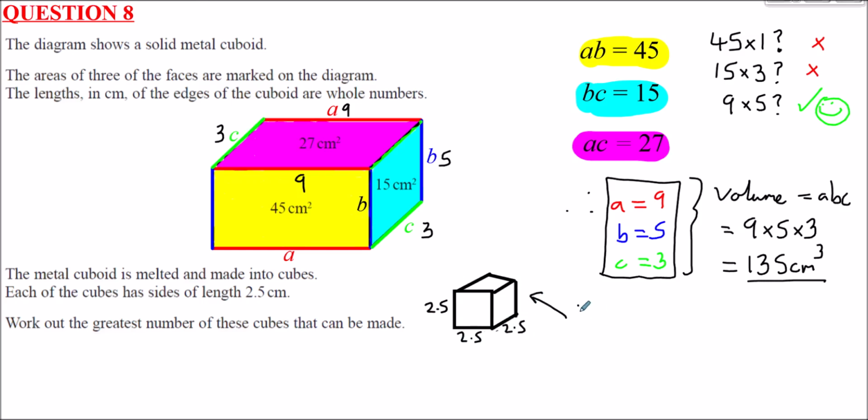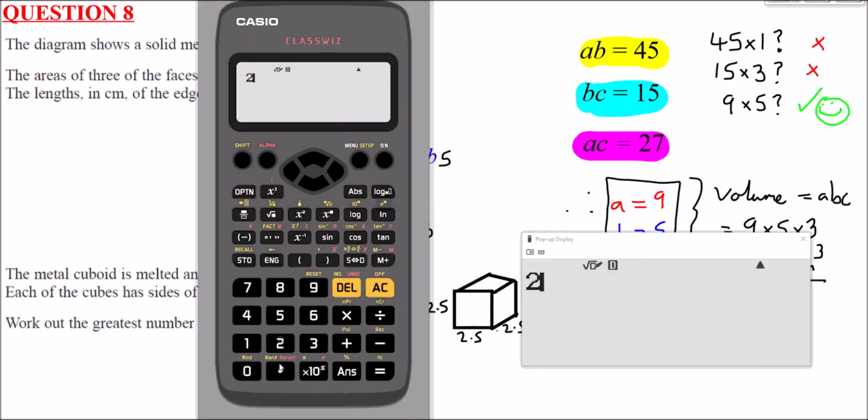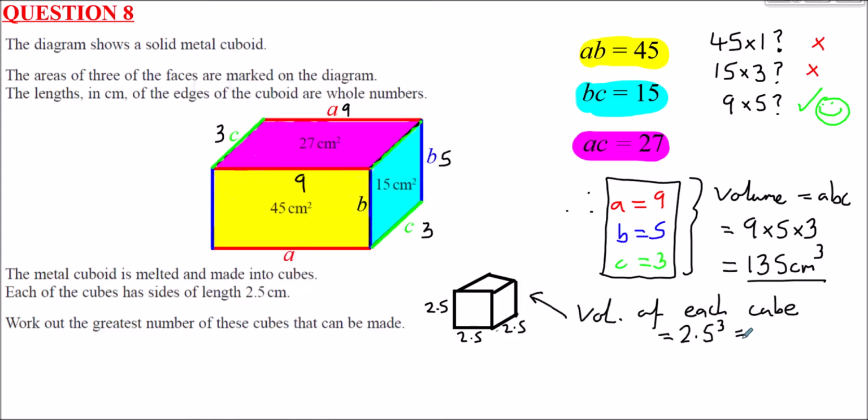Each side's 2.5. So the volume of each cube will just be 2.5 times 2.5 times 2.5, literally 2.5 cubed, which again we can employ the calculator to do for us. So 2.5 cubed gives us 15.625.